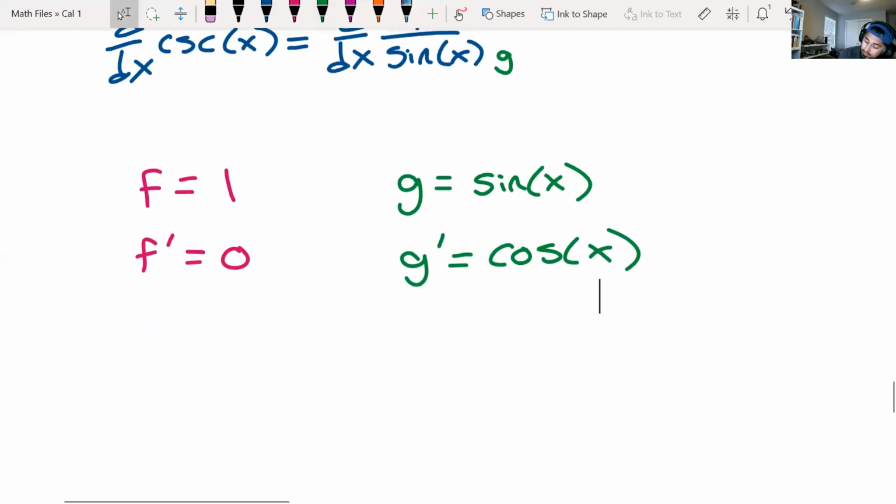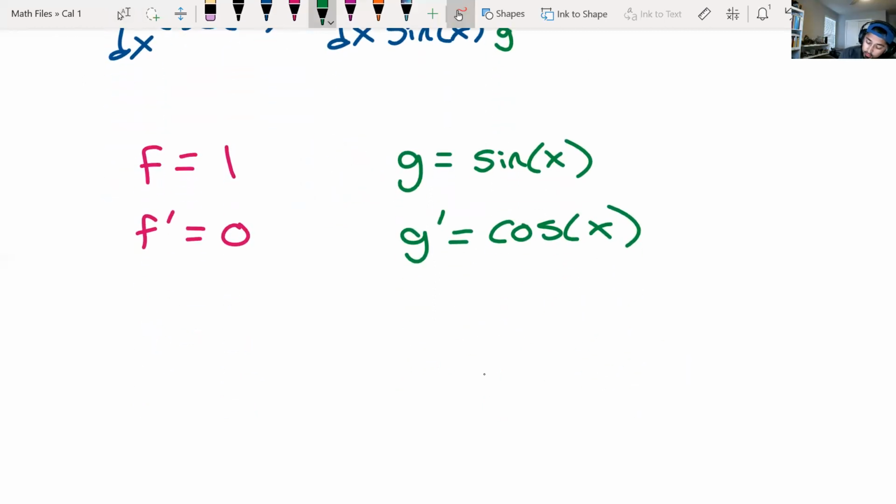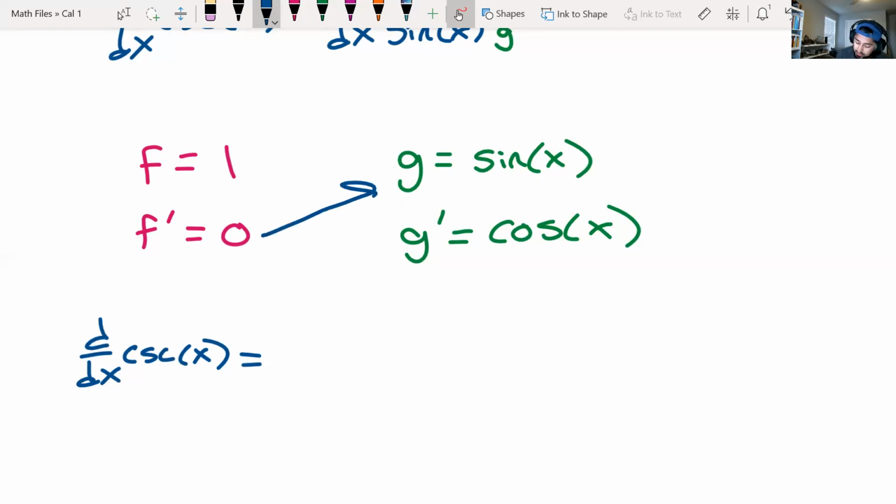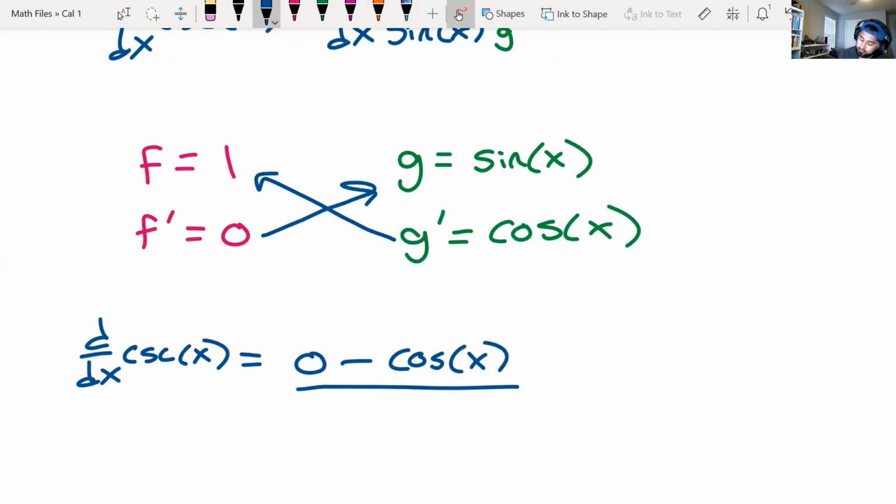Since this is just the derivative of a trig expression, we start with d over dx of cosecant x, and now we do our quotient rule. f prime g, 0 times sine, 0, minus g prime f, cosine of x, all over the sine of x squared.